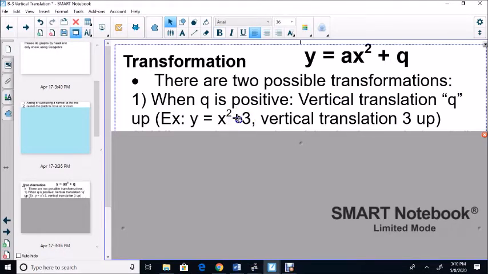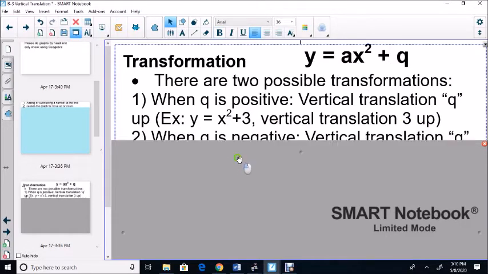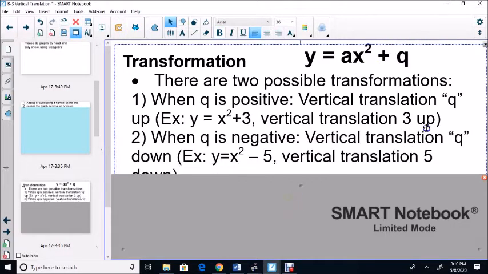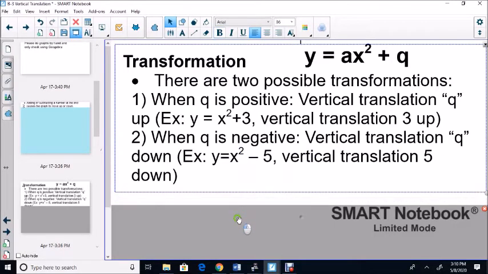So if it's a positive 3, there's a vertical translation of 3 up. When q is negative, there's a vertical translation of q down. For example, minus 5 is a vertical translation of 5 down.